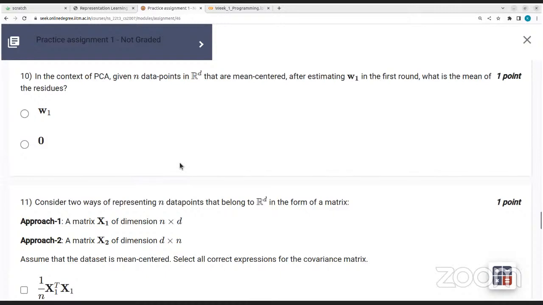Let's say we are at the kth axis. So we need the data from the k minus 1 step. Yeah, the residues. You do that step by step, and at each level you have some residue, and that will be a new data set at that point. Yes, that's correct.